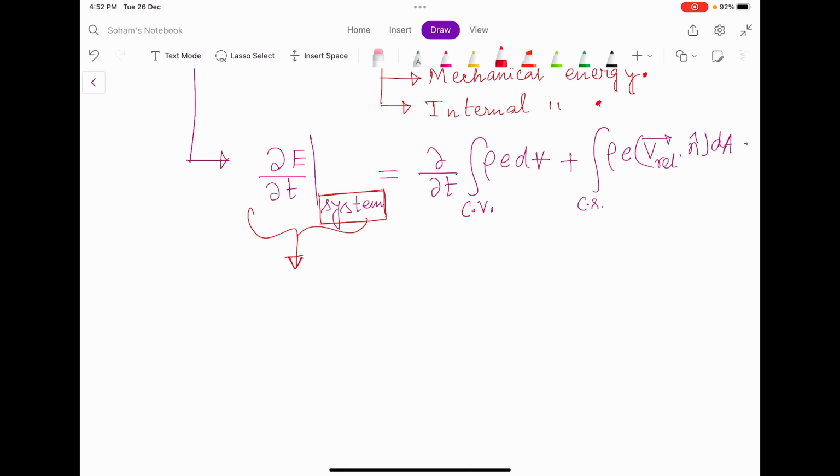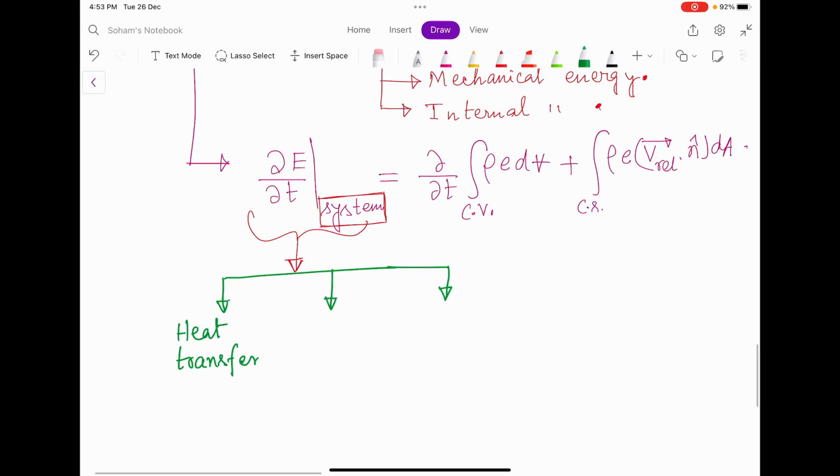Now what can be the reasons? The first is heat transfer. The second is there can be heat generation. The third is work transfer. I don't think that there are any other methods.